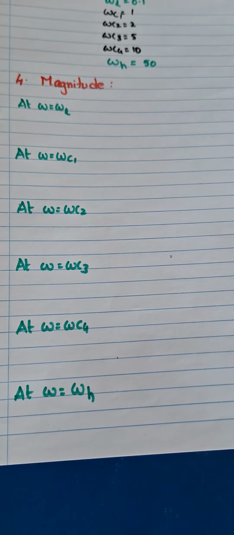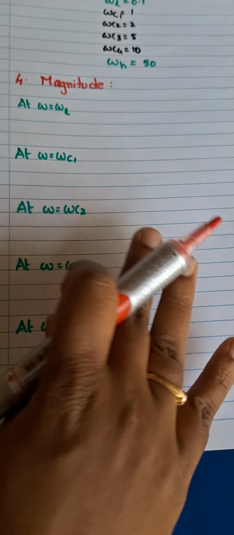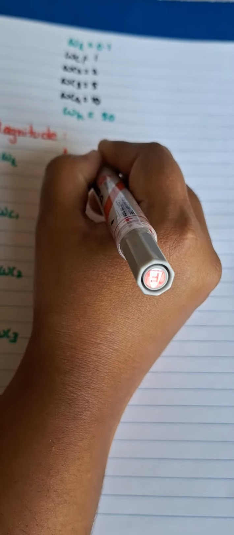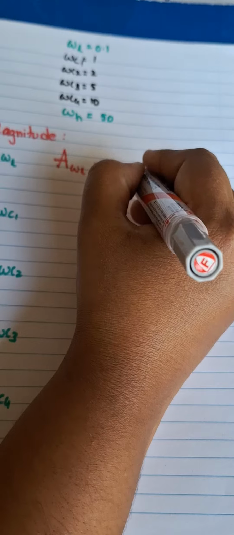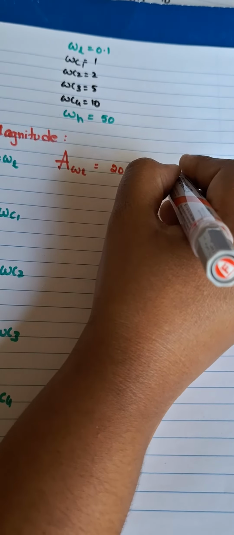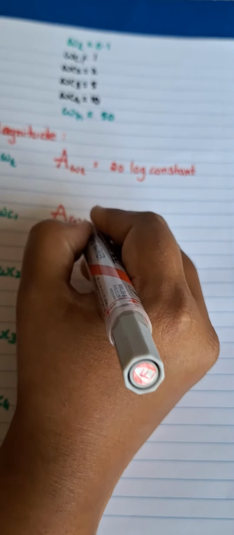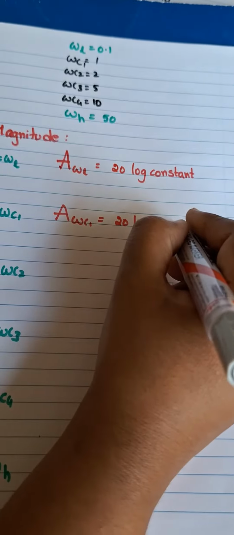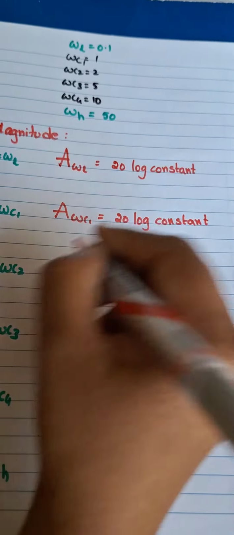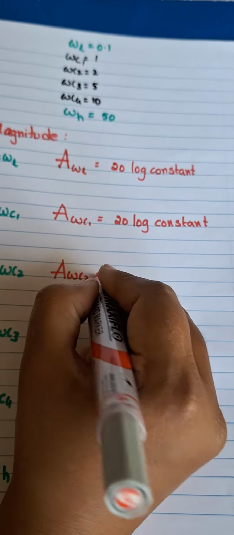So what is the magnitude formula? To find the magnitude, the formula for omega L is 20 log constant. At omega C1 also, the formula is 20 log constant. For omega equal to omega C2, from here the formula changes.